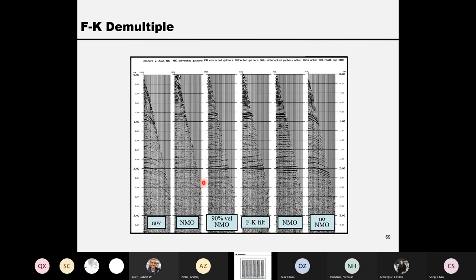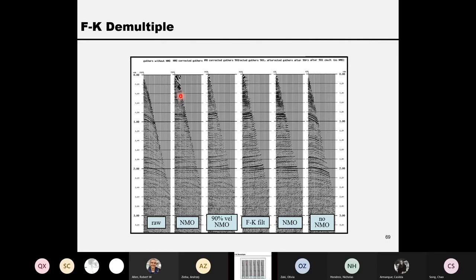Recall that after NMO, we have something wrong at the far offset. We call it the stretching factor, if you recall that, right? The stretching factor is the delta T after NMO over the delta T before NMO, T1 minus T2.